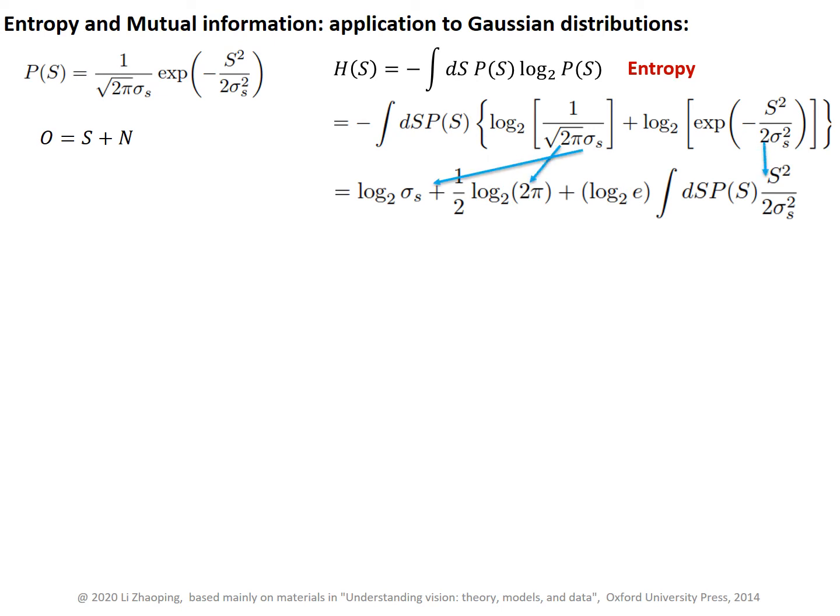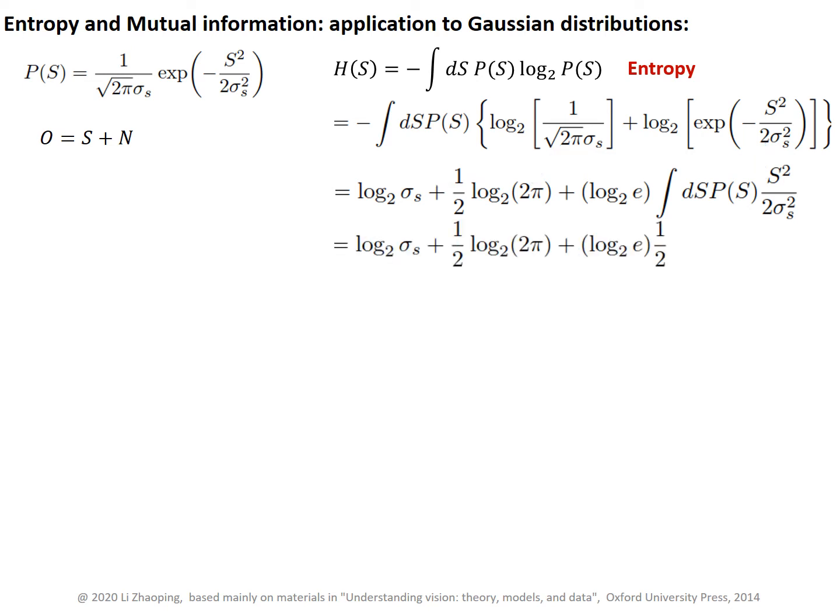The first two terms arise from integrating a normalized probability distribution times a constant. The third term comes from calculating the logarithm, and we transformed log base 2 to log base e, so it's the natural logarithm, so that it's easier to calculate the log of an exponential.